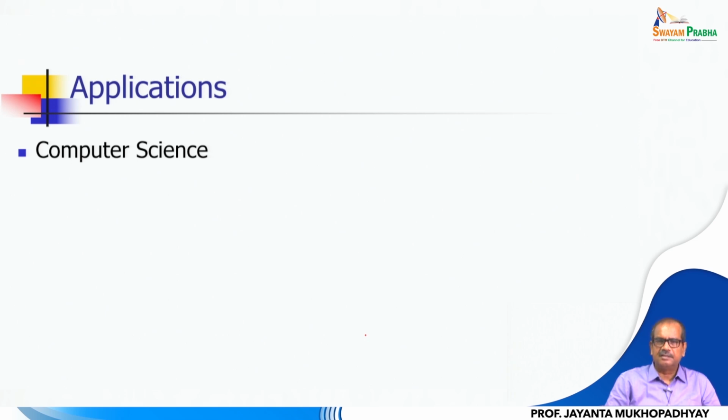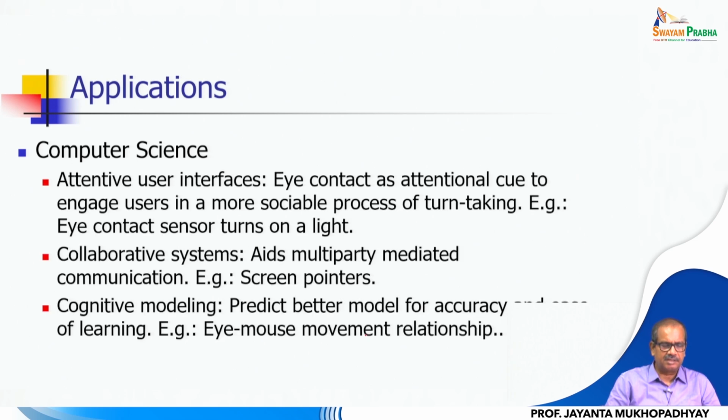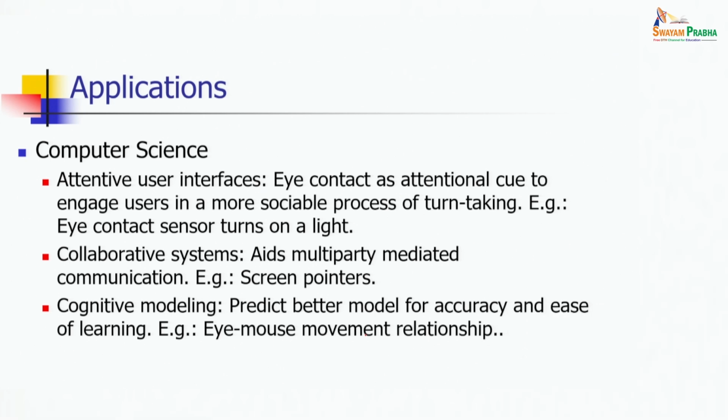In computer science applications, you have attentive user interfaces. Eye contact is used as an attentional cue to engage users in a more sociable process of turn taking. Say, an eye contact sensor turns on a light. You can think of some kind of user interface where, by recording your eye movement, your environment understands your intention and then performs that action.